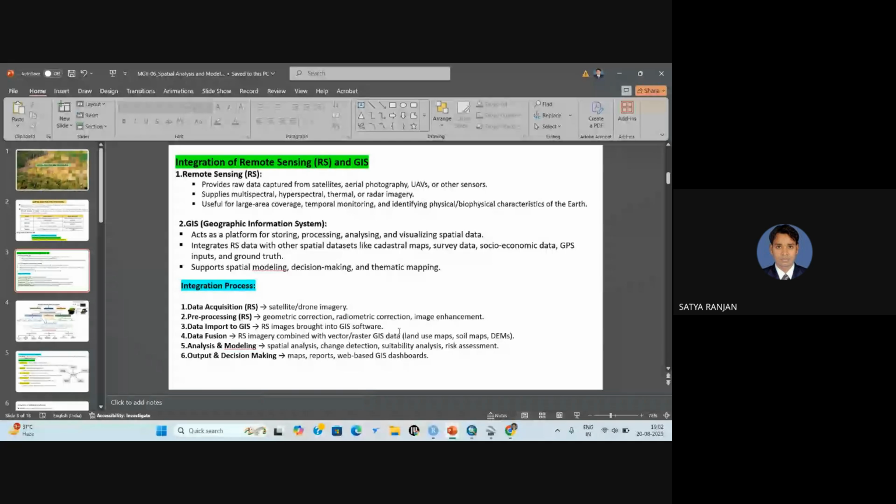Then data fusion. Fusion means, suppose, I already gave the example of the composite image like blue, green, red, infrared. We just fuse together and composite into an image. Also, suppose there is a high resolution panchromatic satellite image of 1 meter resolution, and we have some 5 meter resolution multispectral image.